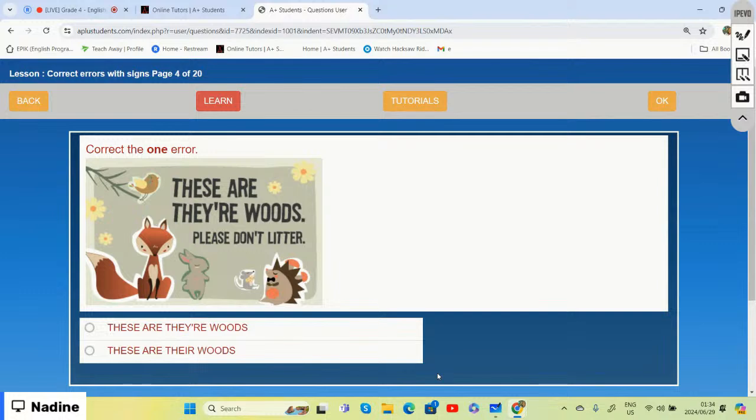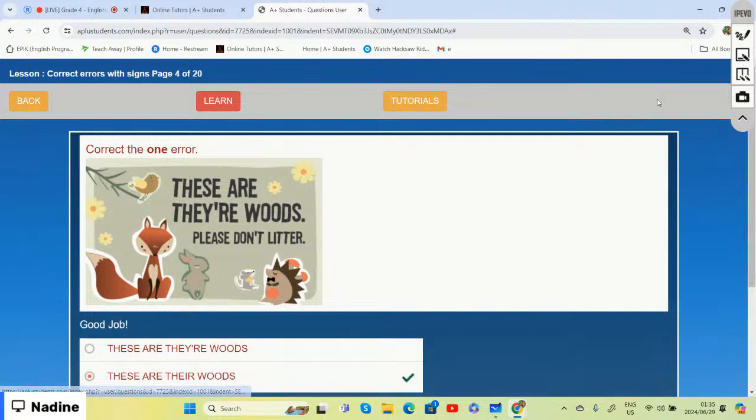We're supposed to say these are their woods. So we can then say these are their, which is option two. And you see the difference between there and there? The first one is they are, but this one is their, which means it belongs to them.